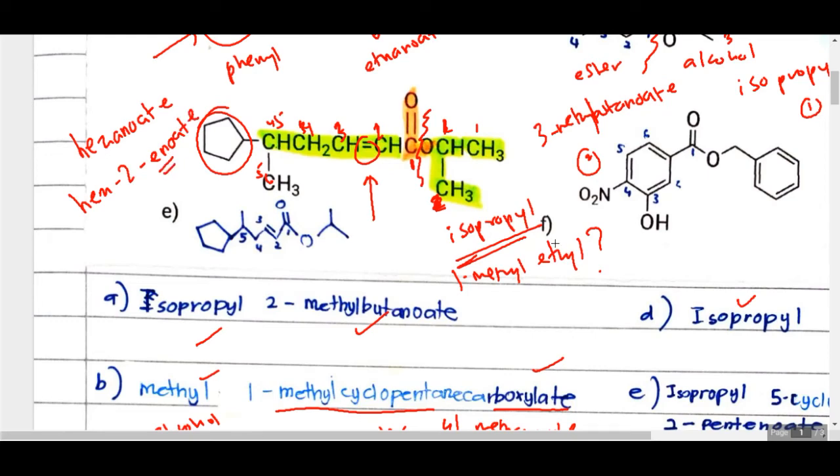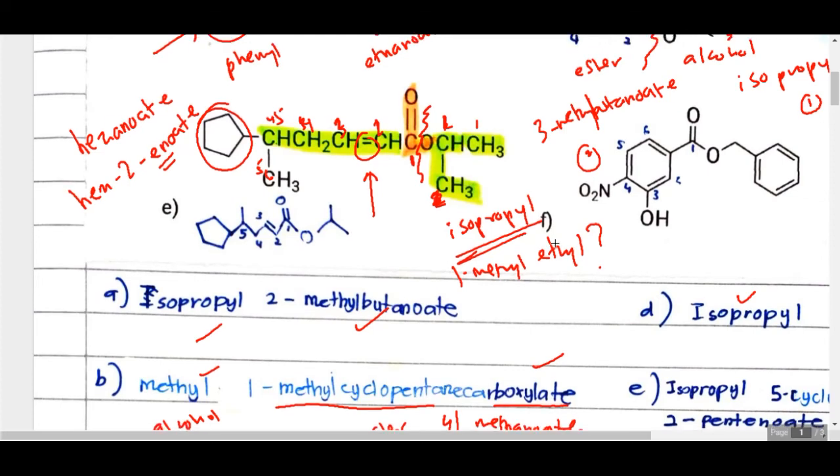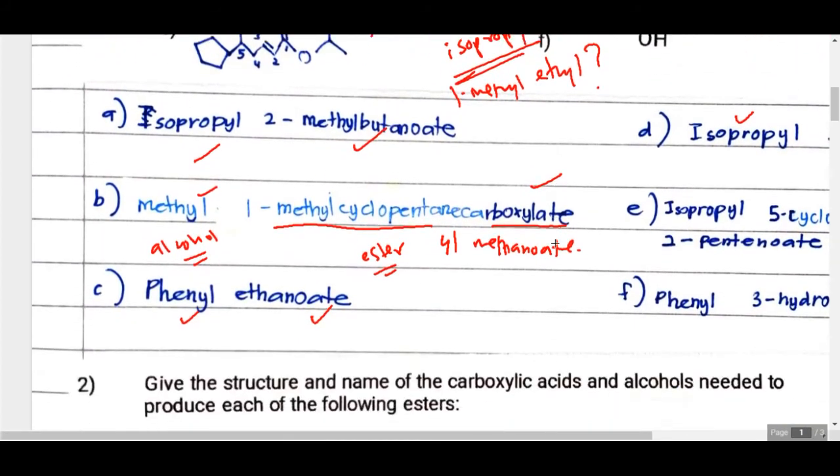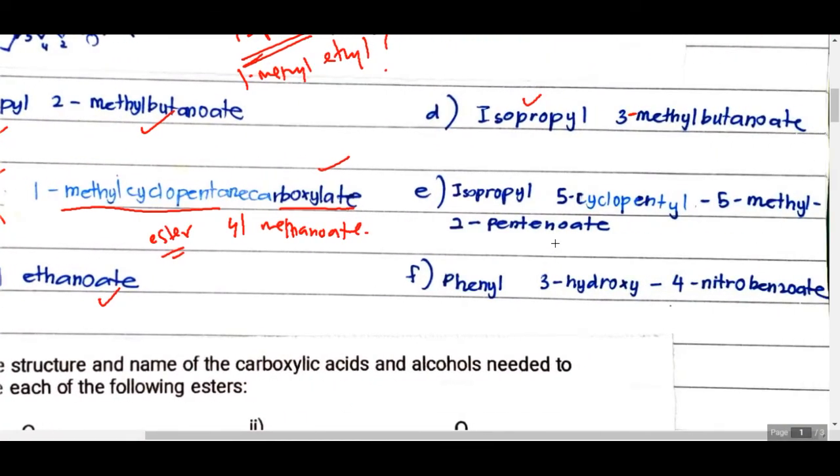The cyclopentane can be called cyclopentyl. So the answer will be isopropyl 5-cyclopentyl hex-2-enoate, right?